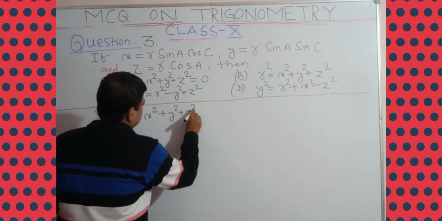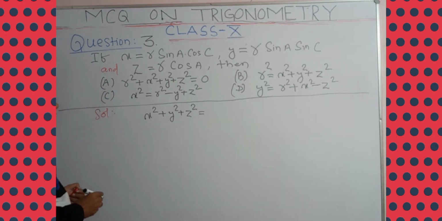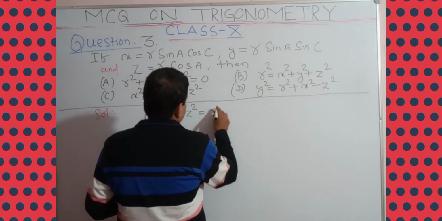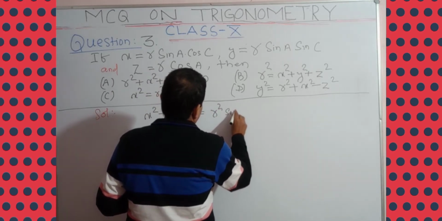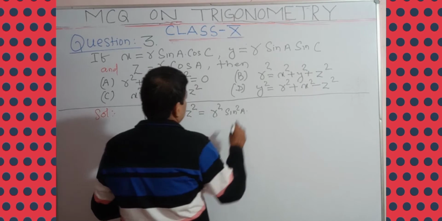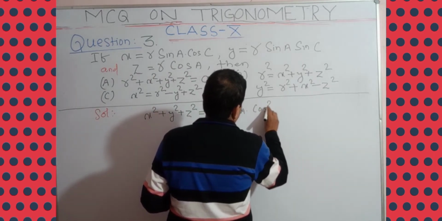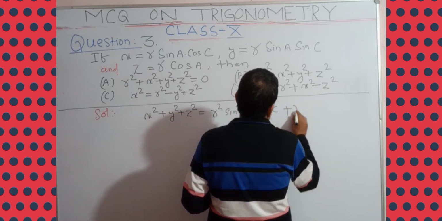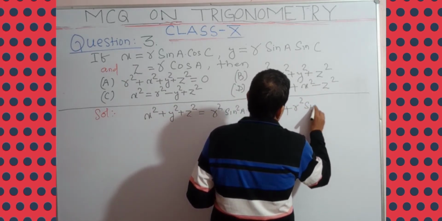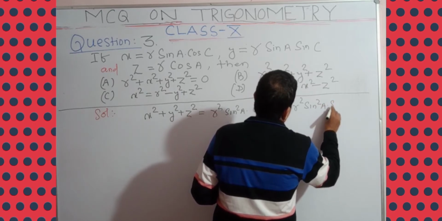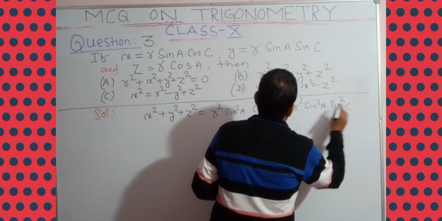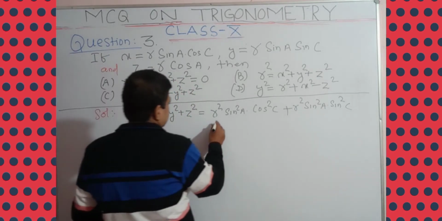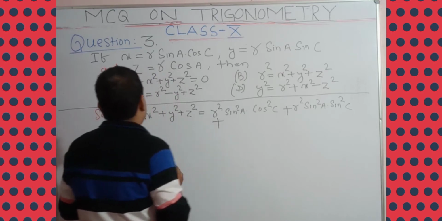Let us find. In place of x it is r sin a into cos c, so x square means r square sin square a into cos square c, plus y square means r square sin square a into sin square c, because y is equal to r sin a into sin c is given, plus z square.